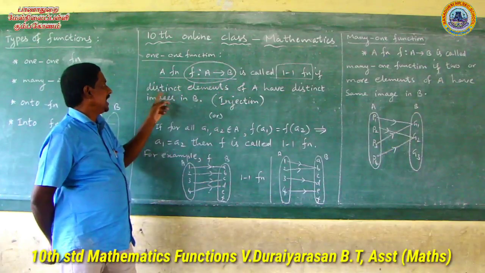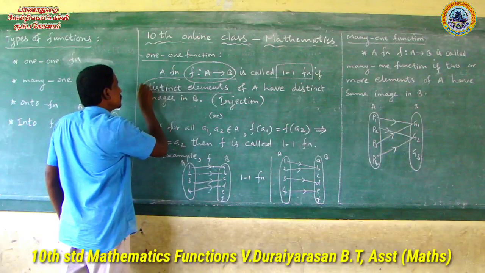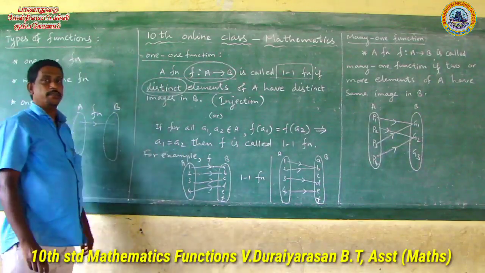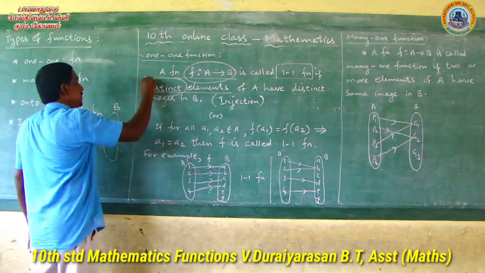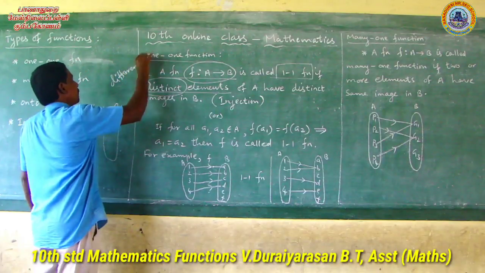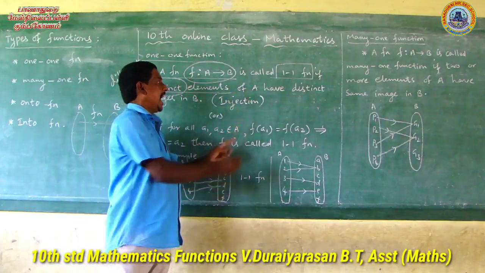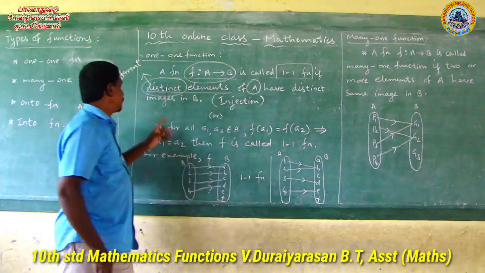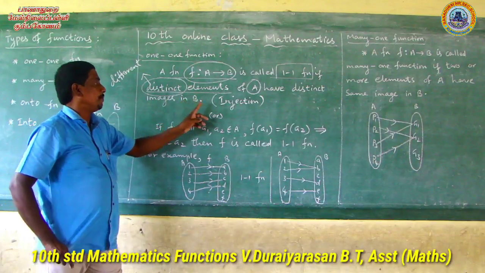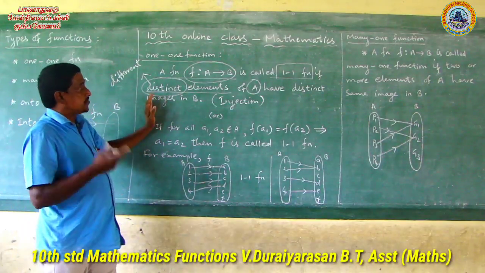If distinct elements, distinct means different. Distinct elements of A have distinct images in B. Okay? Listen.